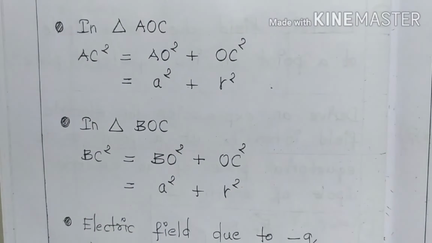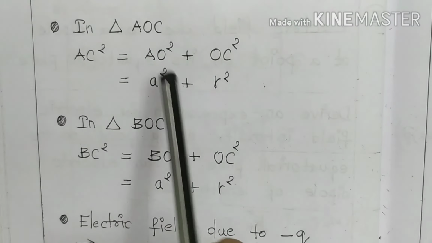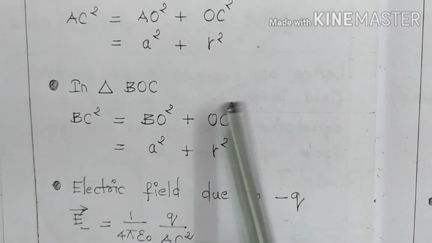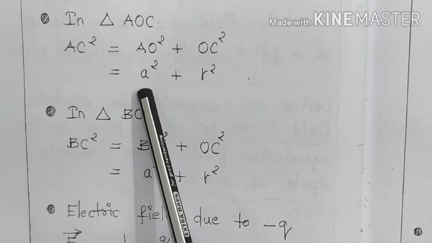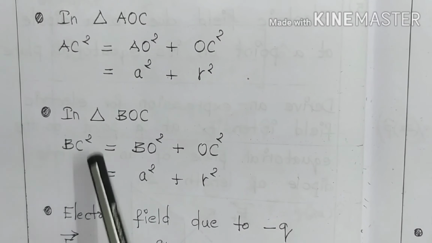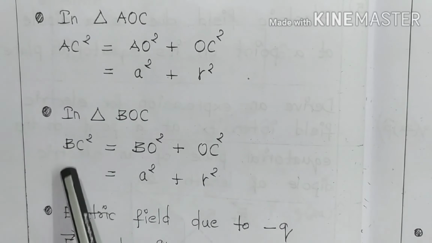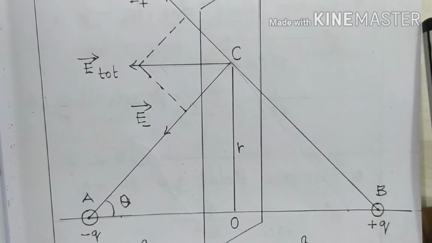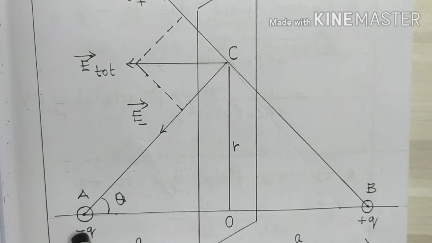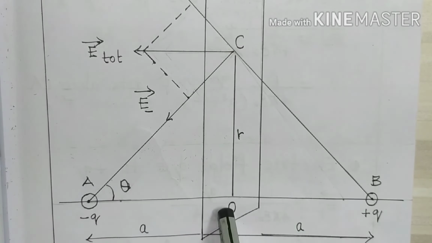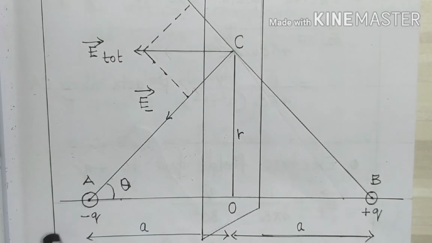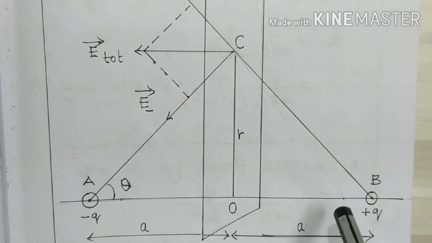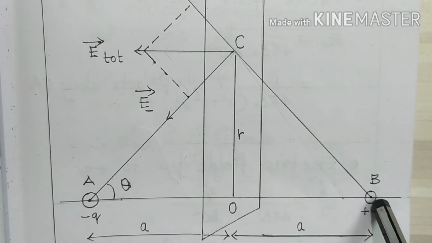Now in triangle AOC and again in triangle BOC, we have to take both these triangles and calculate the expressions for AC squared and BC squared. Now look at this diagram. This is the right angle triangle AOC, so we have to apply the Pythagoras theorem for this, and also this is another right angle triangle BOC.